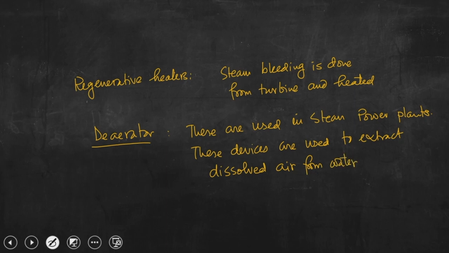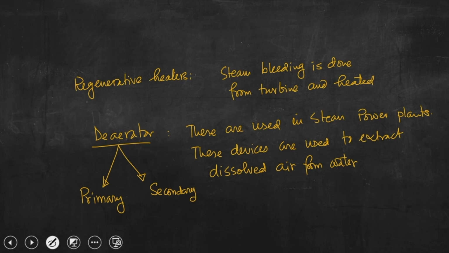Okay. And this deaerator is classified into two different categories. One is called the primary deaerator, another type is called the secondary deaerator.